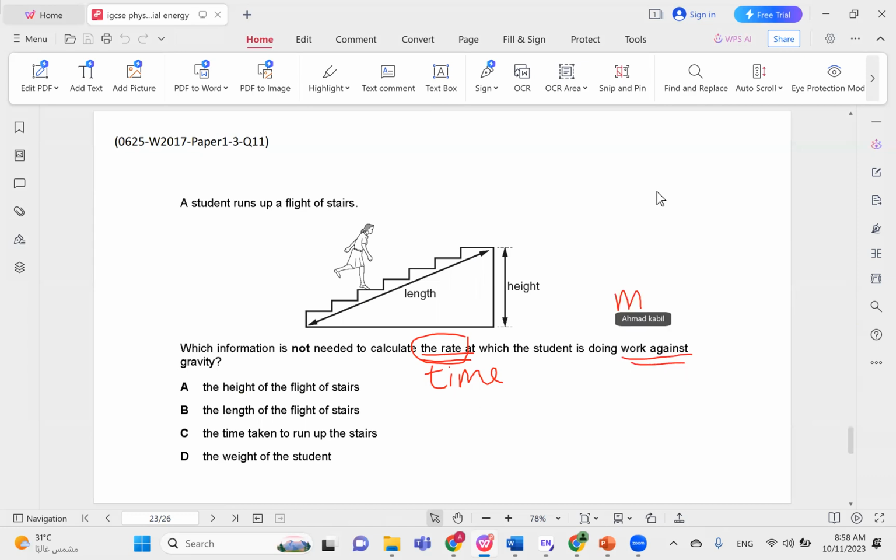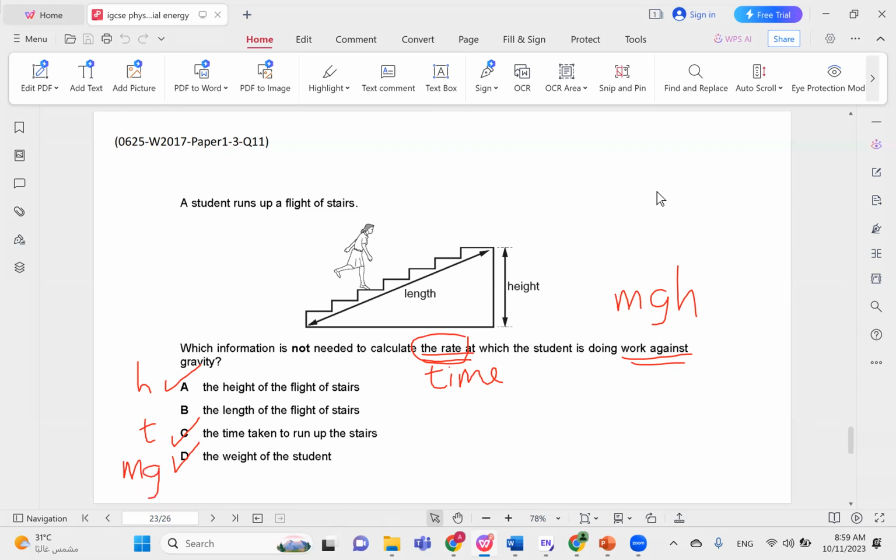So basically, we need m, g, and h. So do we need the height of the flight of stairs? Yes, this is h. Do we need the time? Yes, we said that rate means that we are going to need some value for t. Do we need the weight of the student? Yes, the weight of the student is m times g, and we need both those values.